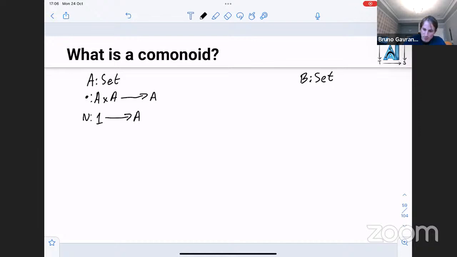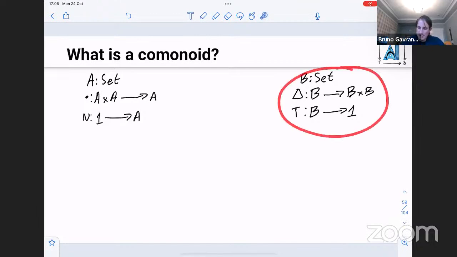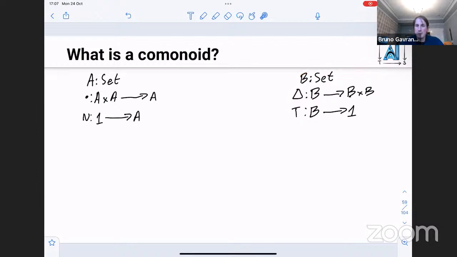I'm going to call delta like this, which goes from B to B times B. And we're going to have some operation which goes from B into the terminal object, which I'm going to call T for reasons that might become clear if you've been following carefully. So a comonoid is something that has this data obeying the analogous laws of associativity and unitality.